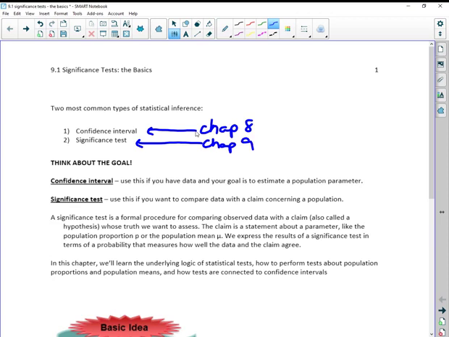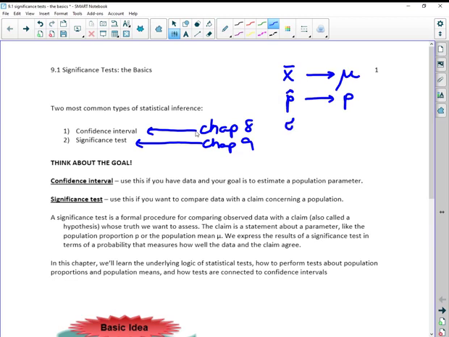And significance tests are a formal procedure where we're comparing an observed data value to a claim, and we want to decide if we think it's so unusual by chance variation that maybe we don't believe the initial claim. So basically what we're doing is we're taking that mean for the sample and comparing it to the mean for the population, or our p hat, and we're comparing that directly to the parameter, the proportion for the population.